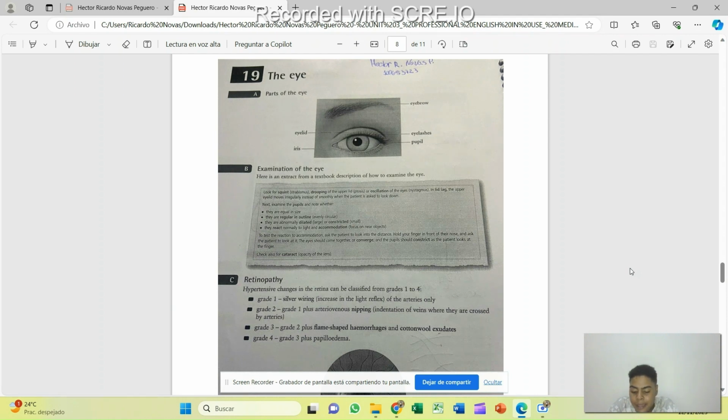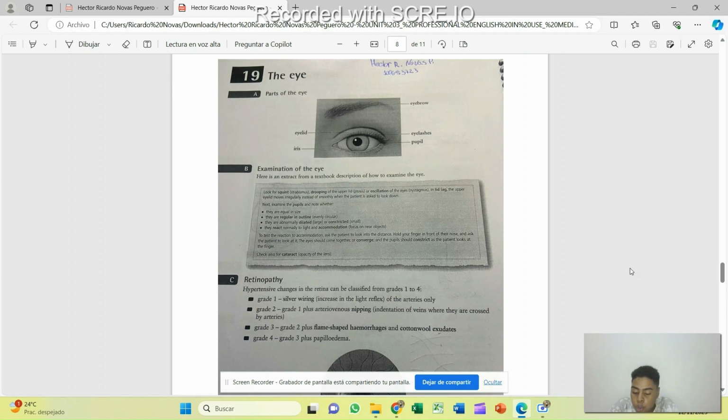To test the reaction to accommodation, ask the patient to look into the distance. Hold your finger in front of their nose and ask the patient to look at it.